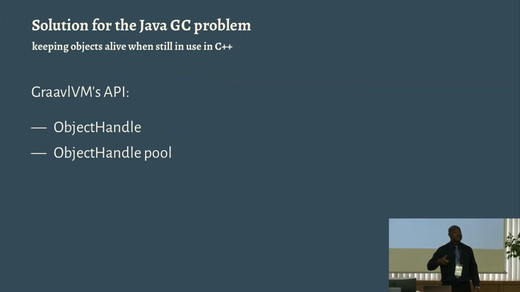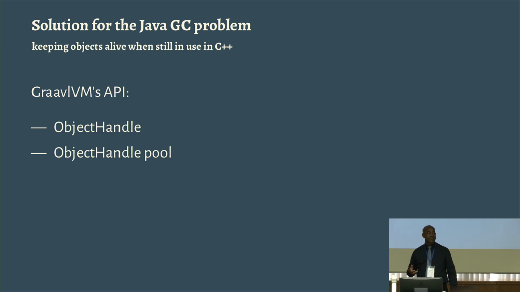Firstly, to address the garbage collection in Java issue, GraalVM API provides us with an object handle. So it's a representation which allows us to take that Java object and provide it into the unmanaged code, C++.